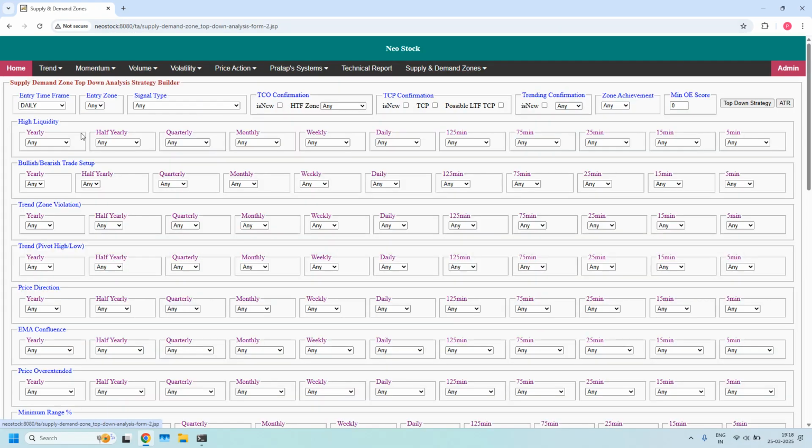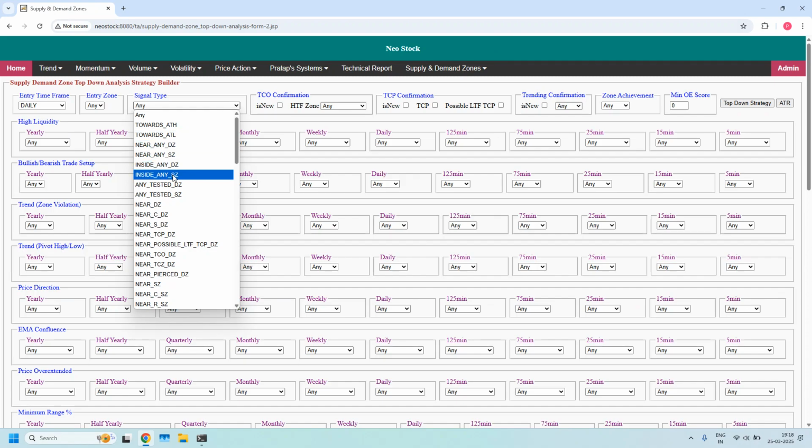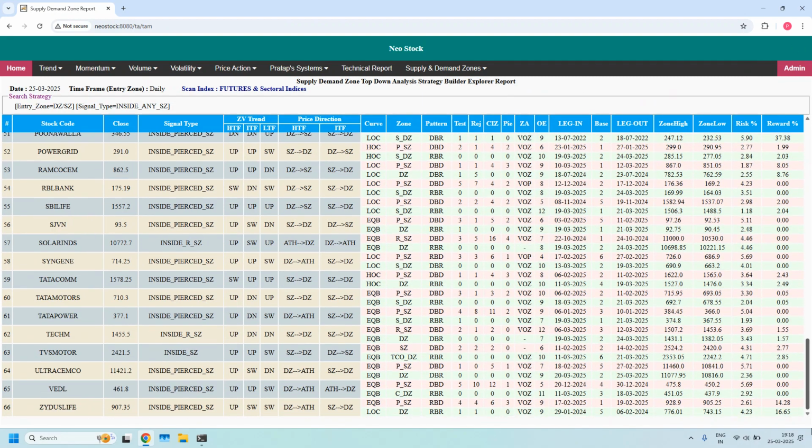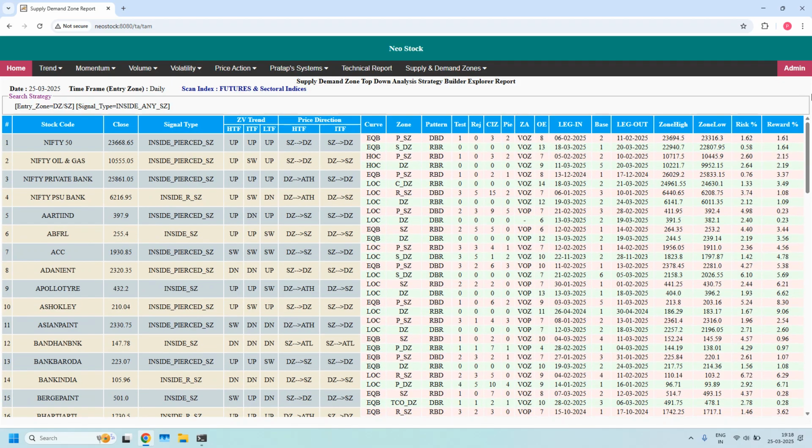Okay, next daily time frame, price closed inside the daily supply zone. We got 66 stocks. So first 15 stocks in the list. I'm scrolling the list down.